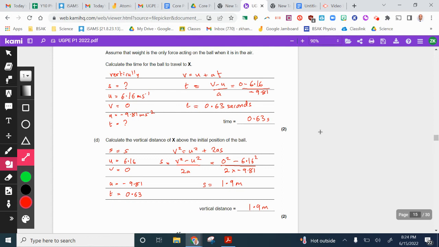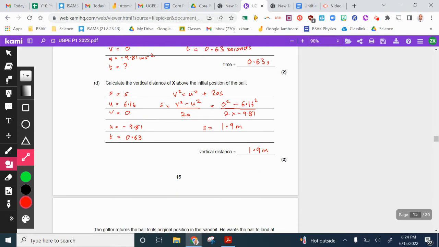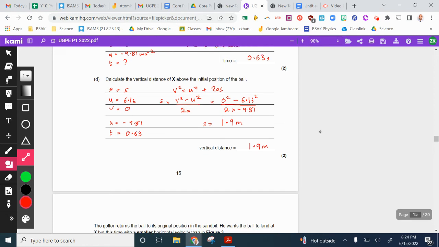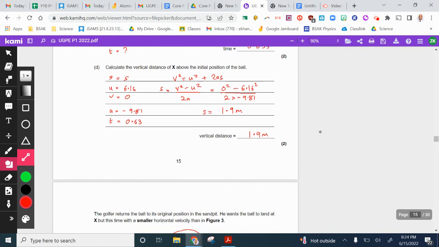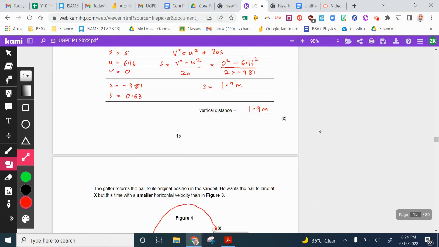So I've chosen the v squared equals u squared plus 2as formula, rearranged for s. V is 0, so 0 squared minus 6.16 squared divided by 2 times the acceleration, and we get a vertical displacement of 1.9 meters. You could get the same answer using s equals ut plus a half at squared as well, but I think this is a little easier.